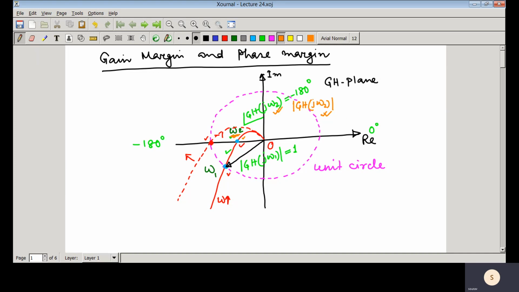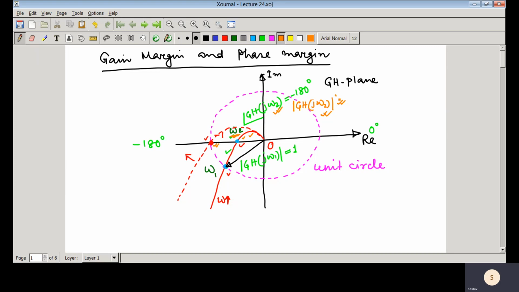So whenever it is 1, what happens? This Nyquist plot will be passing through that critical point, and when it passes through that critical point, the system would be on the verge of instability. So this is a measure of how far this Nyquist plot is from that critical point. If we take the reciprocal of this gain, it tells you how far it is.